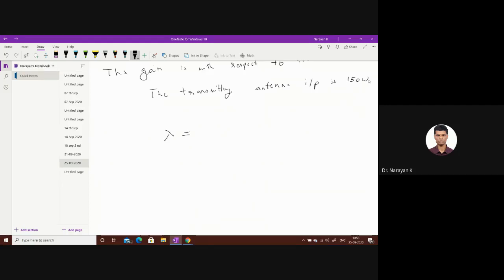Okay, what is the wavelength? C by F. C is your speed of light, 3 into 10 power 8 meters per second, divided by 1 gigahertz, that is 1 into 10 power 9. How much do you get the wavelength? 0.3 meters.